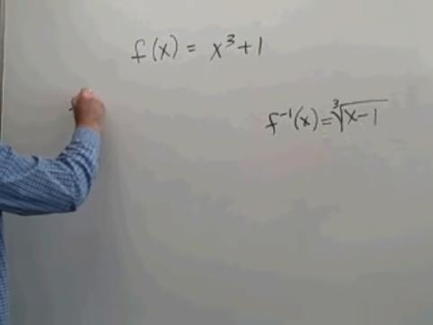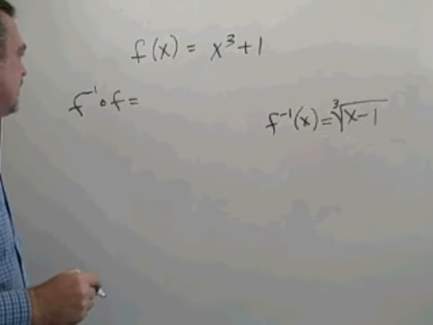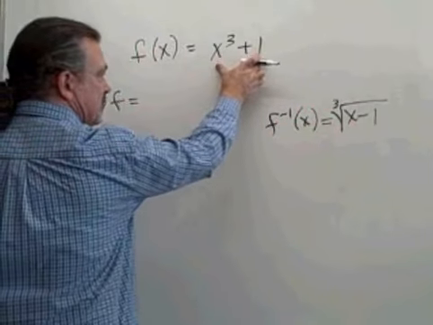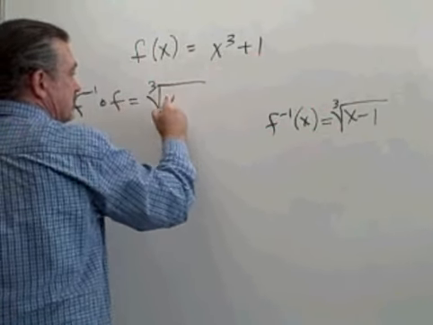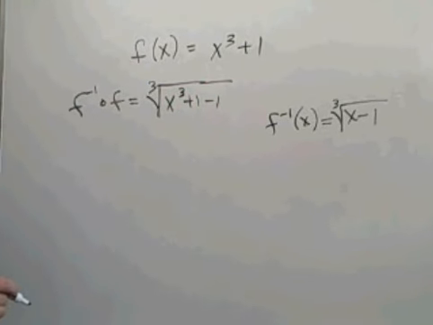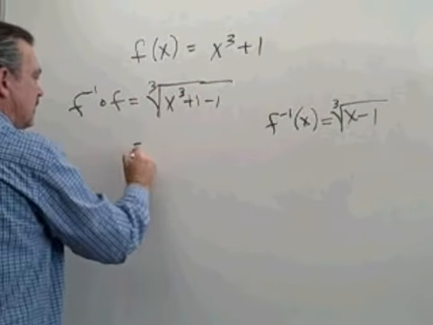The other half of the proof is to show that f inverse composed with f also equals x. So wherever I have the x in f inverse, I'm now going to replace it with that entire expression. So wherever there was an x, I replaced it with x cubed plus 1.